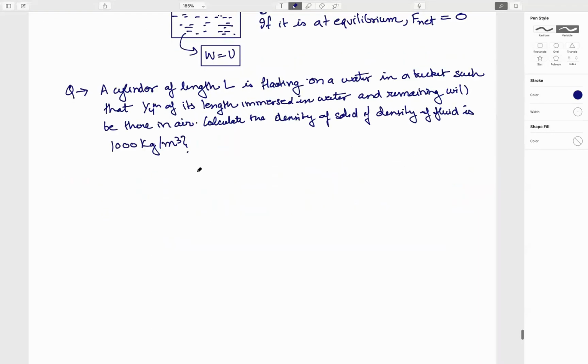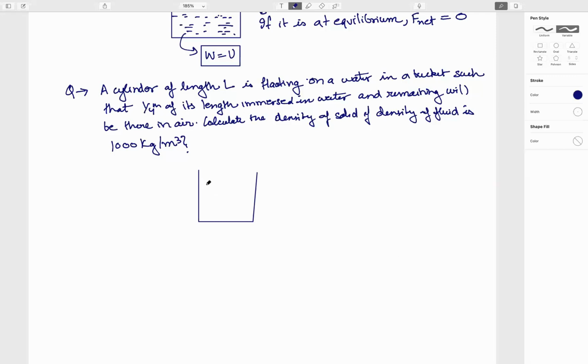Okay, so let's say you have this bucket. For any question, the best way to approach it is to see what the question is, and you have to draw a figure for it, and if required, a free body diagram.